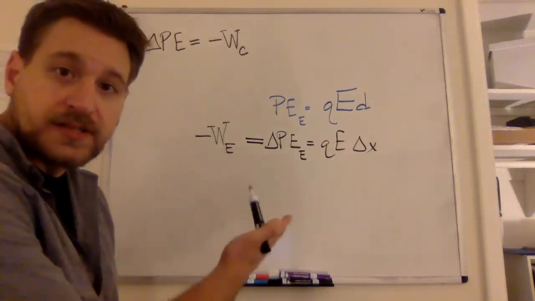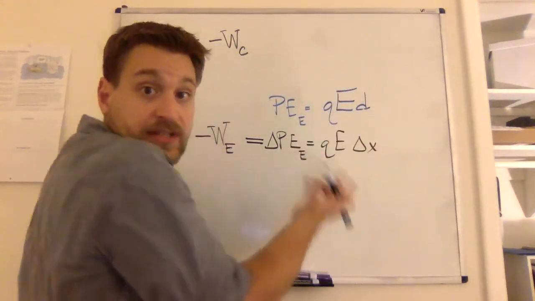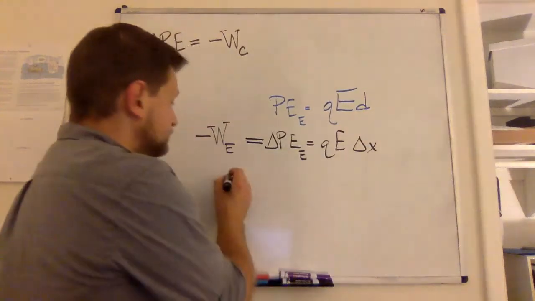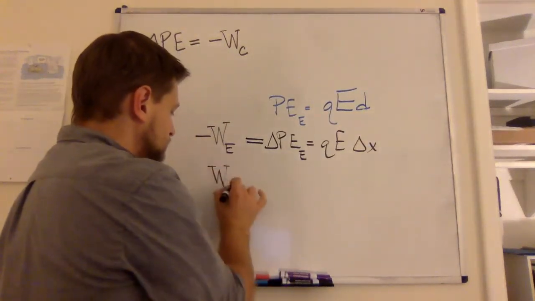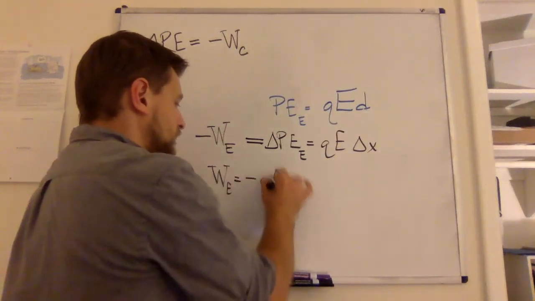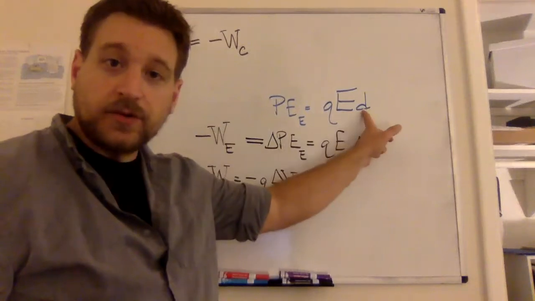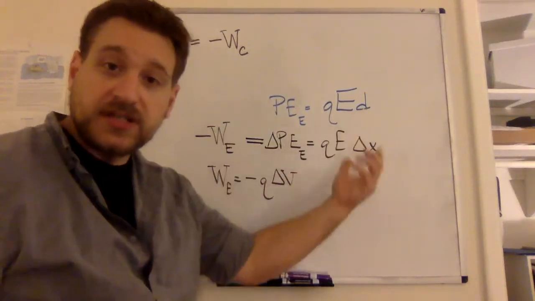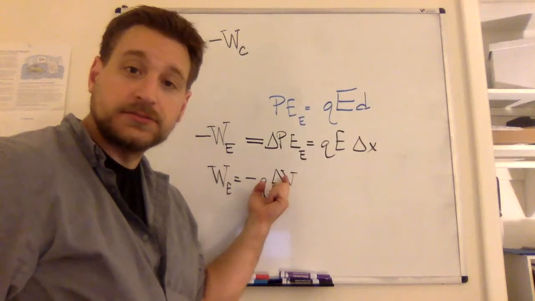There's a bunch of cool things that happen now. Ed, we said, was V. So if we're changing where we are, we're changing Ed. That means we're changing electric potential.